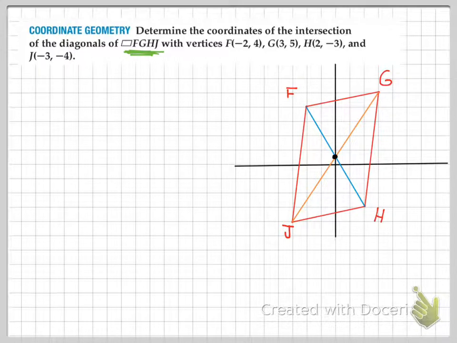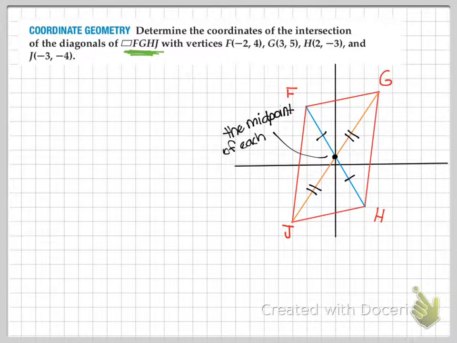Well, our last property was that those diagonals bisect one another. So that means basically that they intersect at the midpoint of each diagonal. Since that's being bisected, I know that that point there is the midpoint. So if I can find the midpoint of the diagonals, then I know where that point of intersection is.